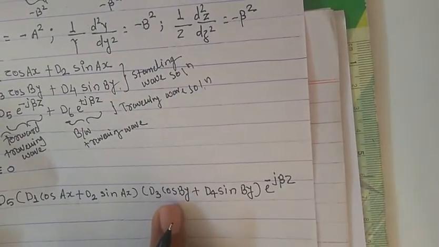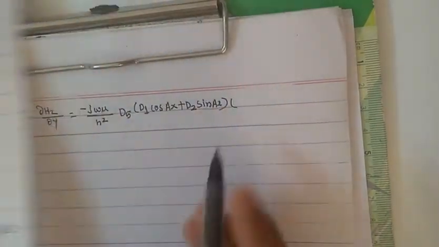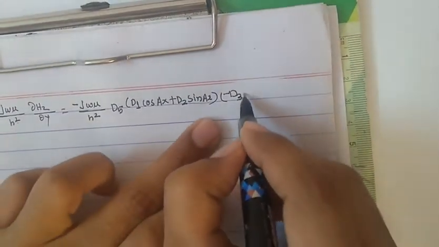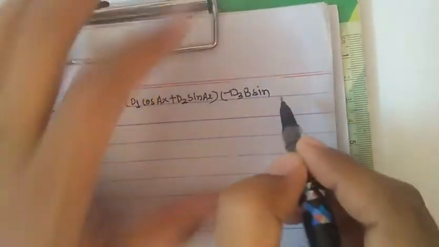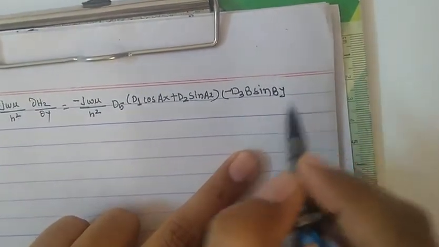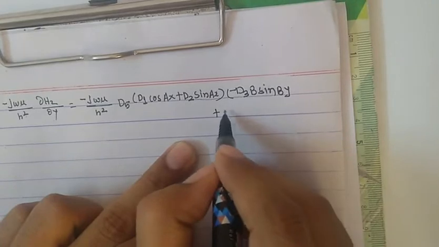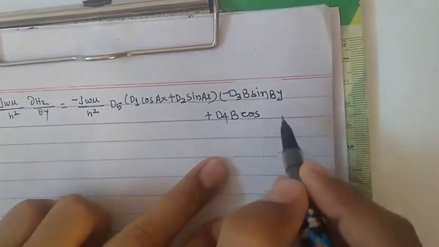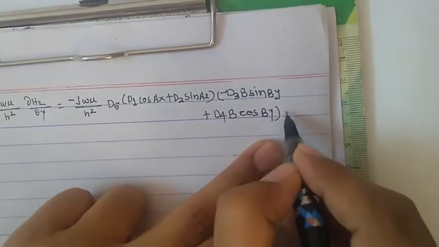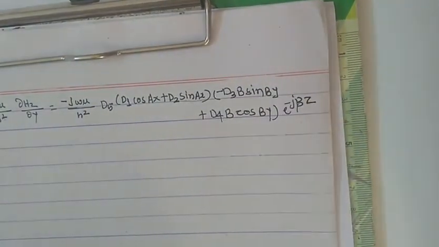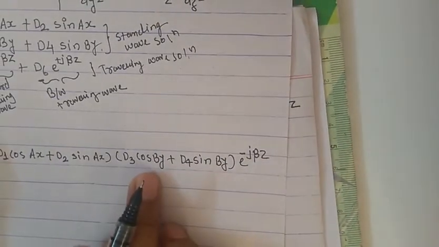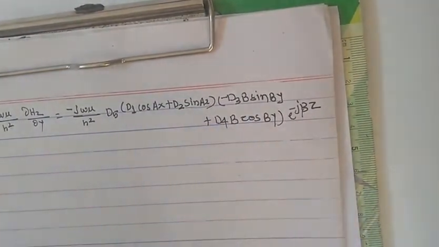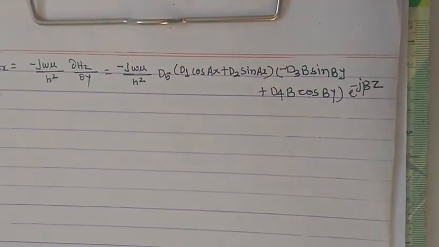So this will get differentiated because it is with respect to y. So this will be minus d3 b sin by plus d4 b cos by, into e to the power minus j beta z. So in this equation, the cos term will become minus sin, the sin will become cos, and the constant will be multiplied. So this is differentiation with respect to y. So what we have obtained is Ex.